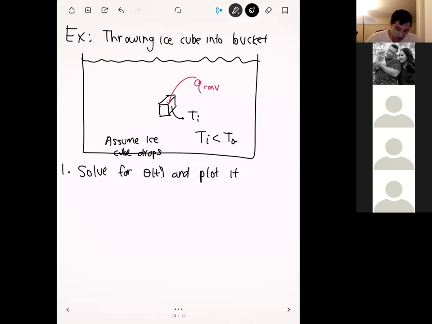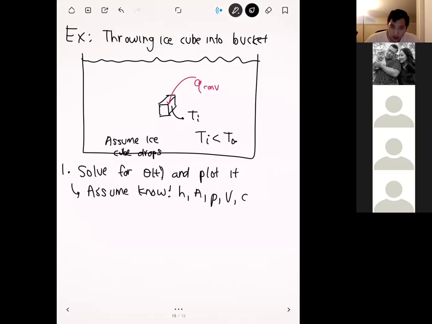All right, so we're going to assume that we know everything about the ice cube: we know h, A, the density of the ice cube, the volume, and c. And obviously we know the initial temperature difference.